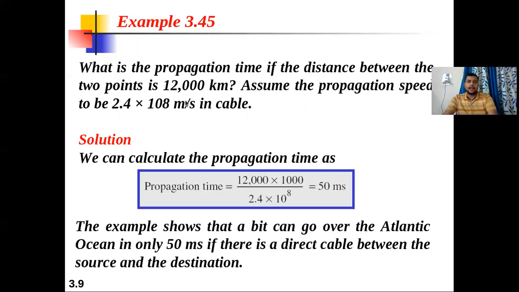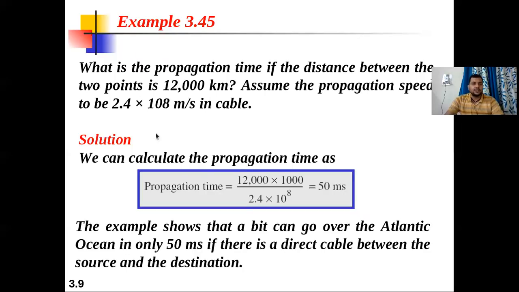There's one more example, what is the propagation time. Here we are calculating the propagation time if the distance between the 2 points is 12,000 kilometers. They have given an analogy here also: if there is a direct cable connecting one end of the Atlantic Ocean to the other end, that is 12,000 kilometers.